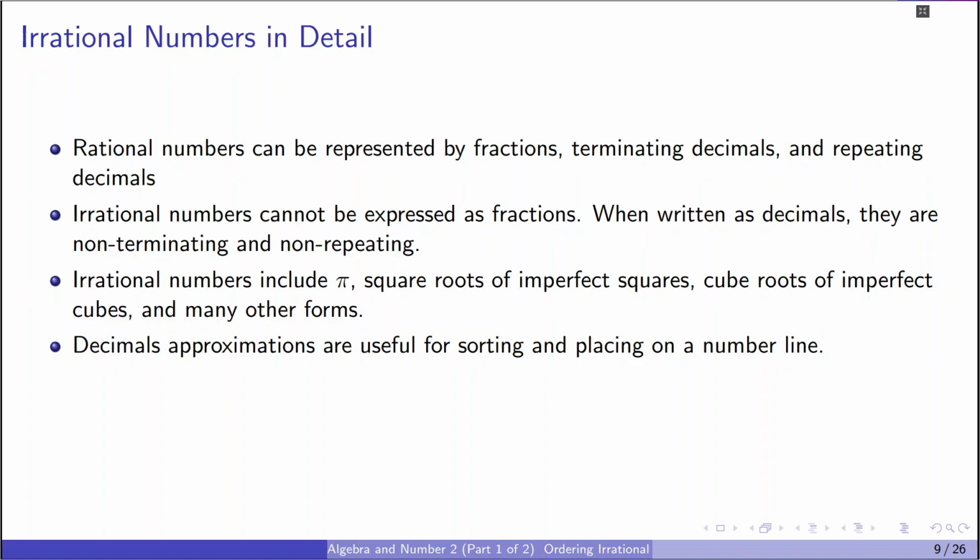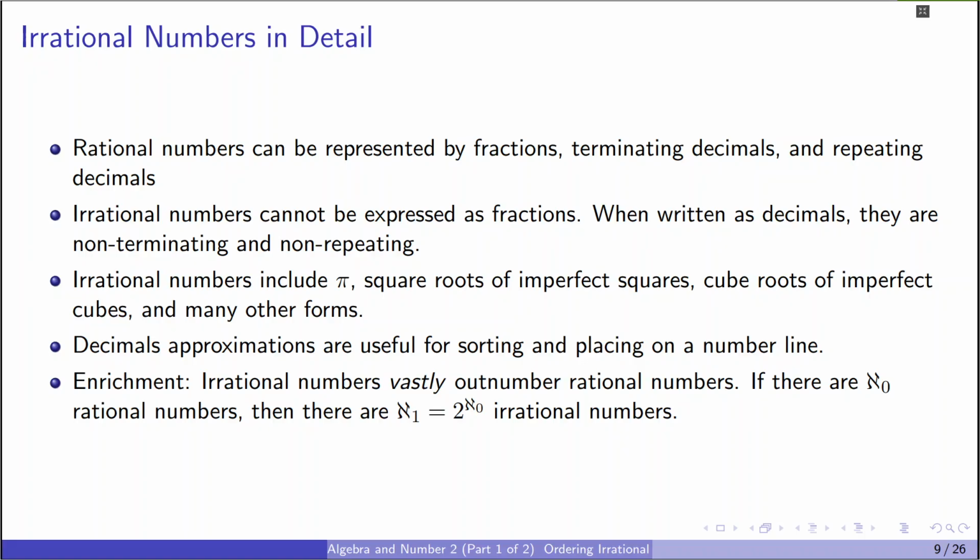You have infinitely many non-terminating, non-repeating decimal places here. But maybe you only have to get 7 decimal places in before you know whether it is greater than or less than every number you're comparing it to. That's the key. So we approximate with decimals.